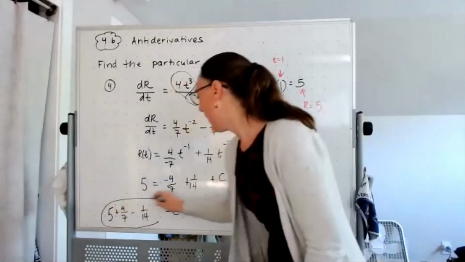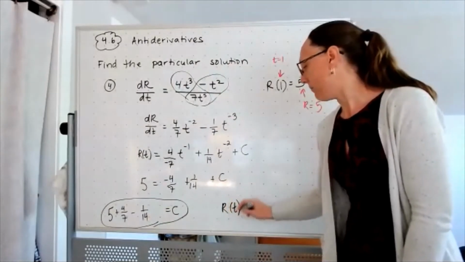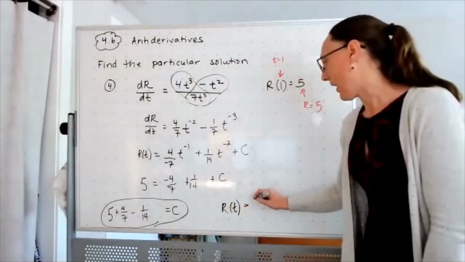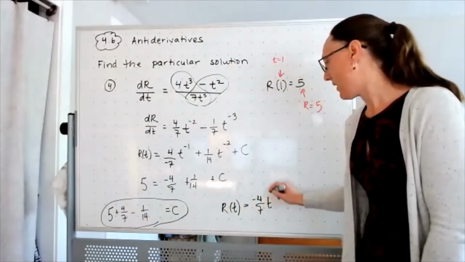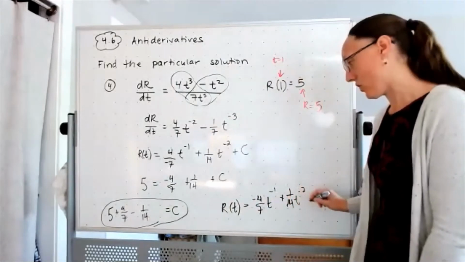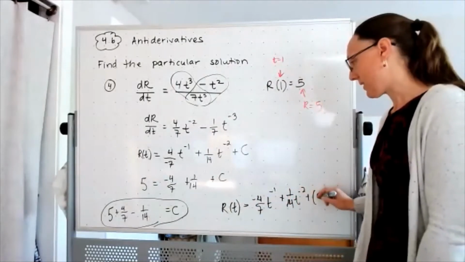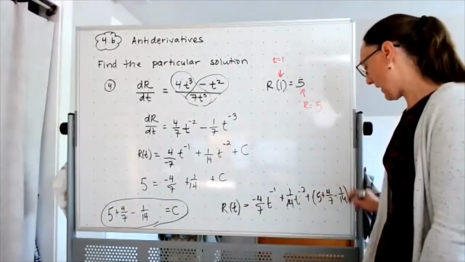Just roll with it. That whole thing is c, which means my final answer would look like negative 4/7 t to the negative 1 plus 1/14 t to the negative 2 plus 5 plus 4/7 minus 1/14, and walk away.